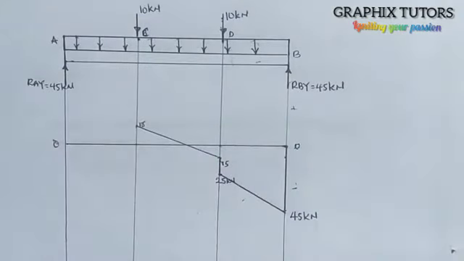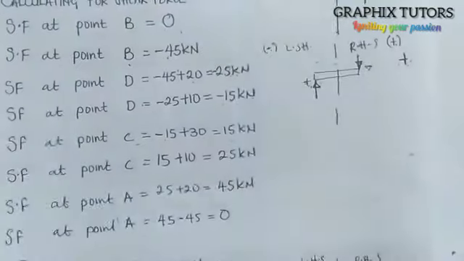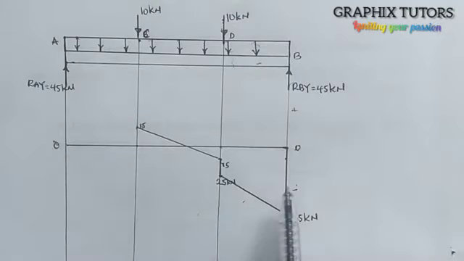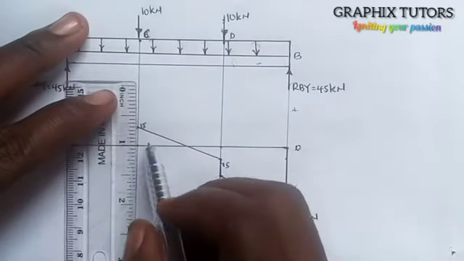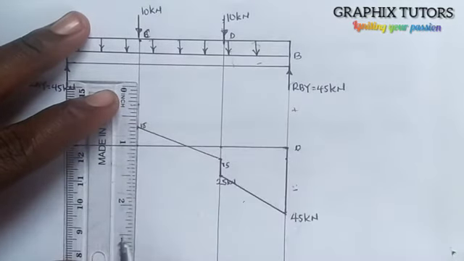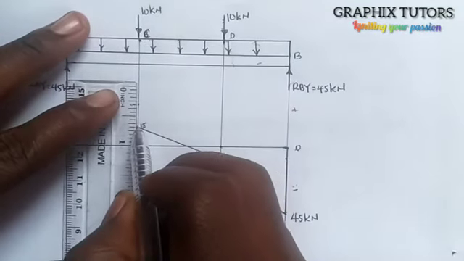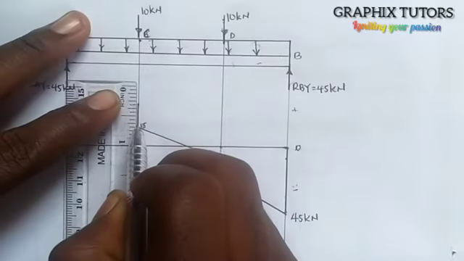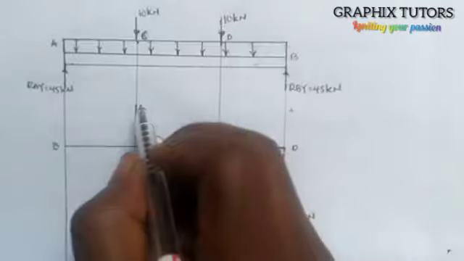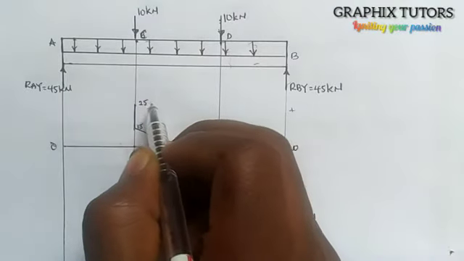Right? Now the next one is still the shear force at C. Again, after 15 we have 25 positive. So I'm going to take 25 upward again, and that'll be somewhere around here. Right? So I'll just join this to this. That's 25. So this side is 15, here is also 25.